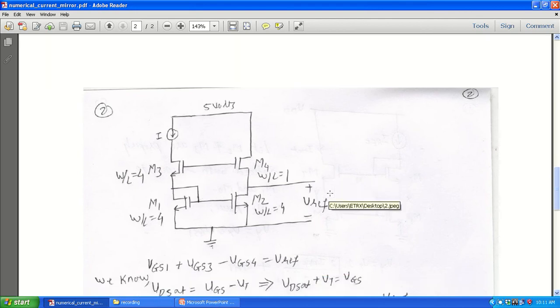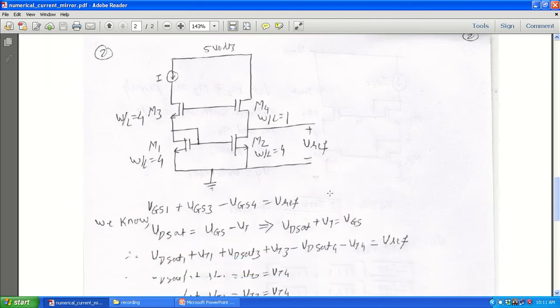So this is the circuit given. Now observe this circuit. For this circuit, we can say that VGS1 plus VGS3 minus VGS4 is equal to Vreference, which is available at M2 VDS. So here VGS1 plus VGS3 minus VGS4 is equal to Vreference.